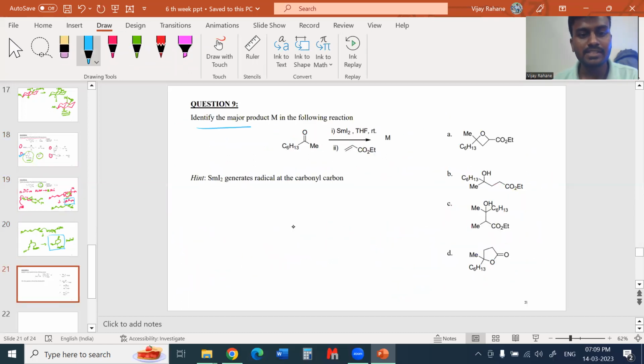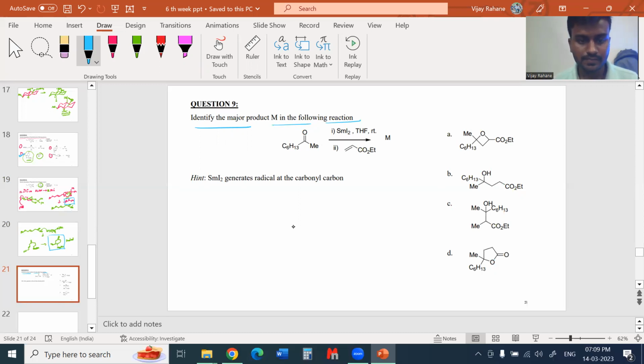Next question is to identify the major product M in the following reaction. They have given a reaction with SmI2, THF at room temperature, and SmI2 generates a radical at the carbonyl center. They have given a hint also. So in this one, what happened?